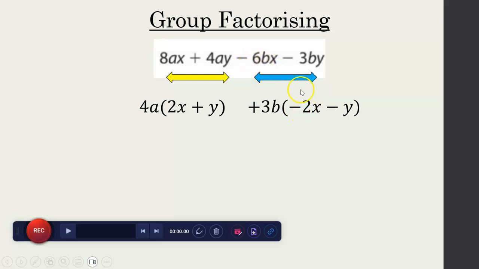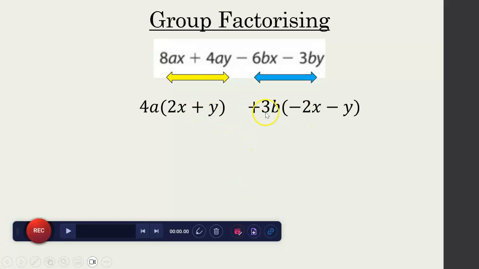Well, it'll be a minus 2x. So 3b by minus 2x, I get minus 6bx. Minus 3by divided by 3b, well, I get minus y. Now, here's the problem. These brackets need to be the same. That was our end goal, because then we can combine this and this into its own bracket.